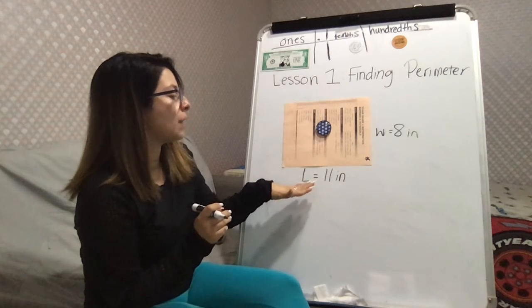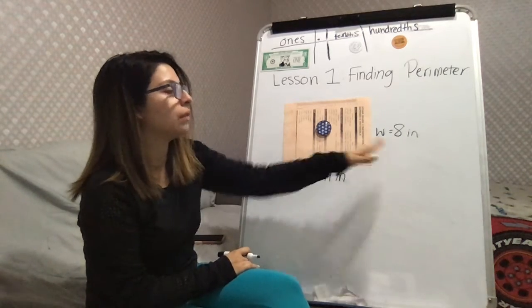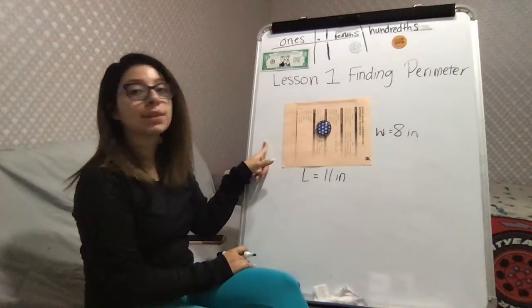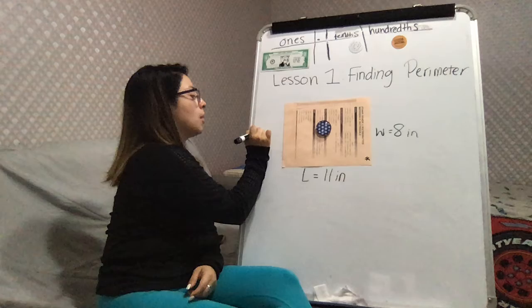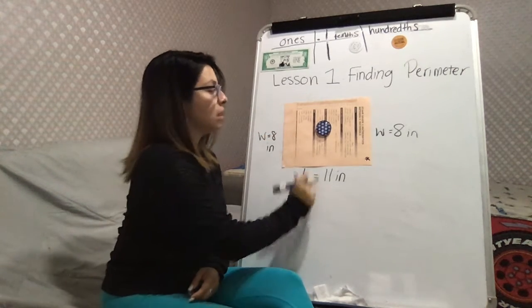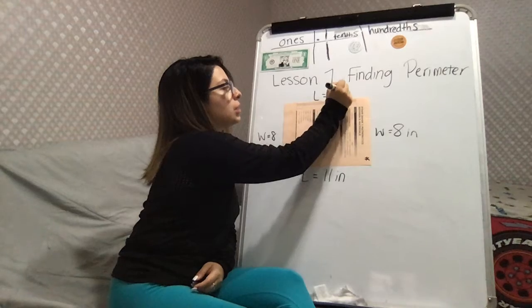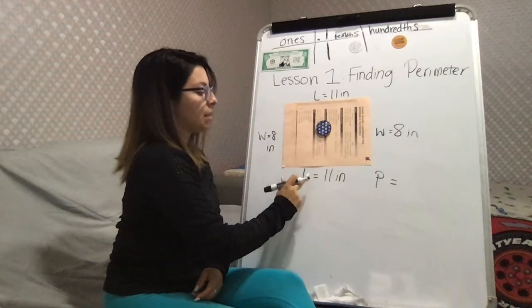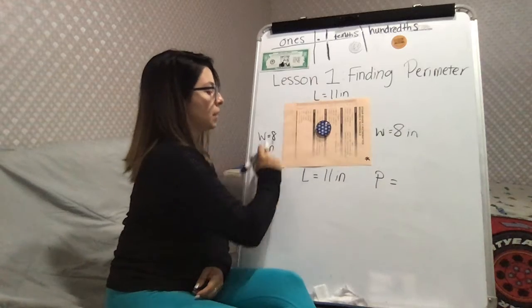So right now, if I know my length and my width of just 2 sides, remember, in a rectangle, opposite sides are equal. So I'm going to go ahead and make sure I not just know that, but I label it. So my length over here is 11 inches. And now to find my perimeter, remember, I'm just taking my length plus width plus length plus width.